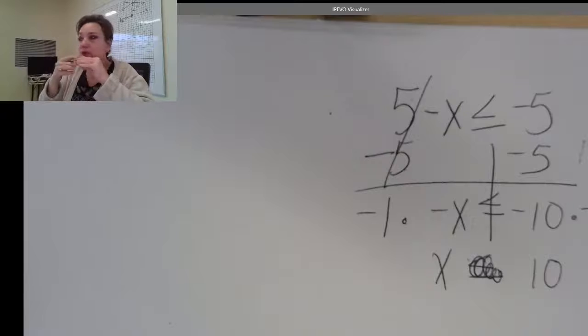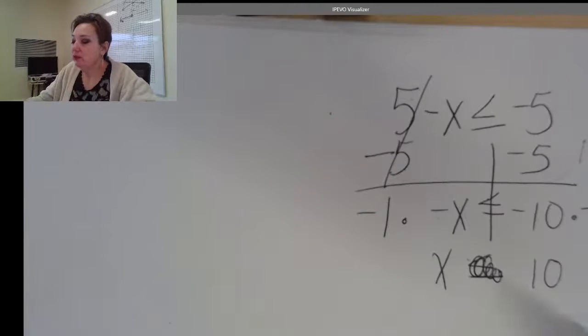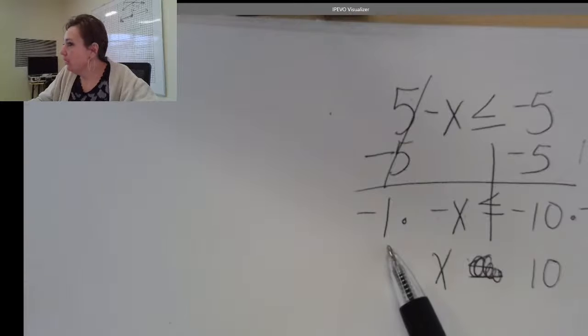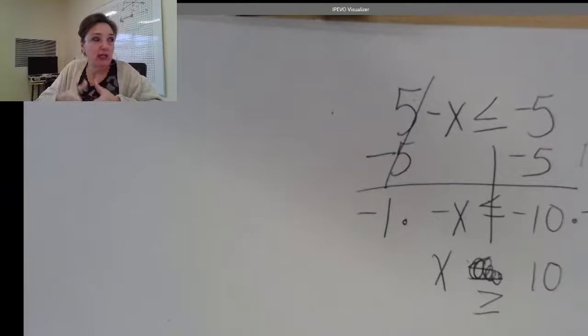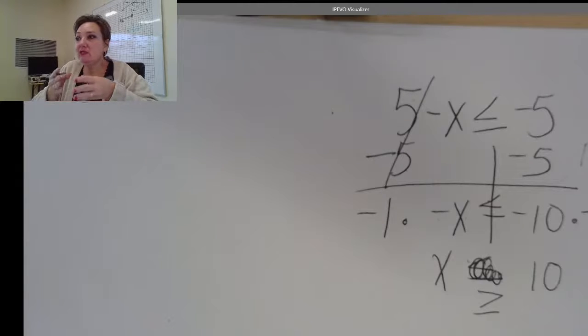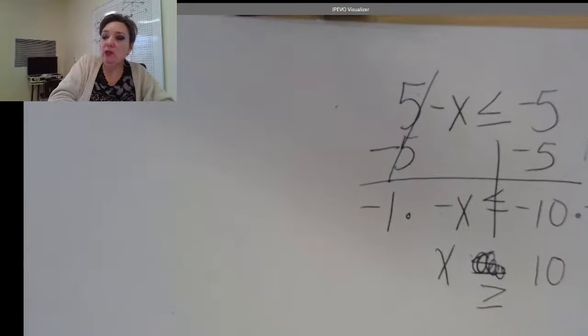What about my sign? It switches. Why does it switch? We multiplied by a negative. So the only thing different about solving an equation versus solving an inequality is if you multiply by a negative, or divide by a negative, right? Multiply or divide by a negative.